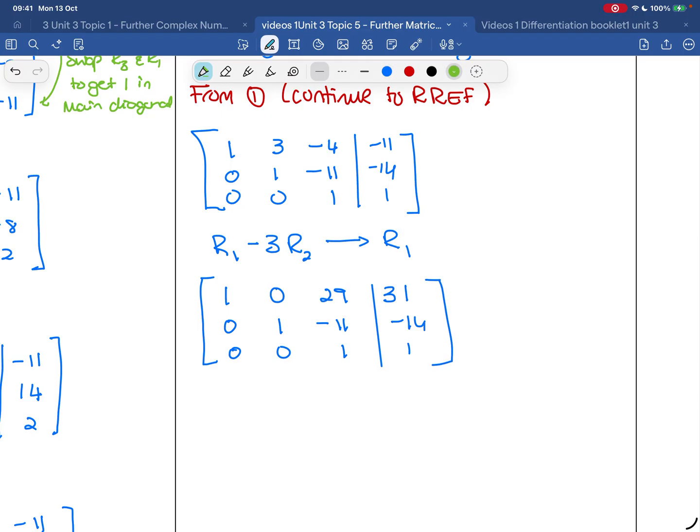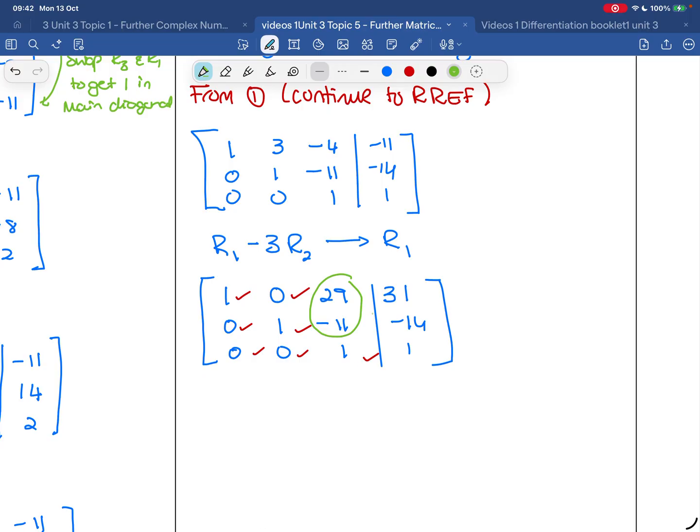All right, now my next term. So I have now got 1s in all my leading diagonals. I've got all my zeros here, and I've got my first 0 here. So my next thing I'm going to be wanting to do is to get my zeros over here. Well, I guess the best place to start with that is to say, well, if I looked at row 1 and row 3, 1 minus 0 is not going to affect my leading diagonal. 0 times minus 0 is not going to affect anything there.